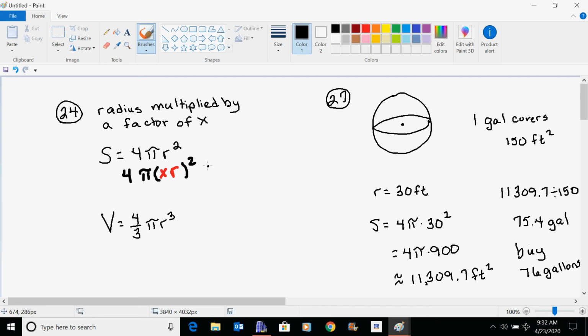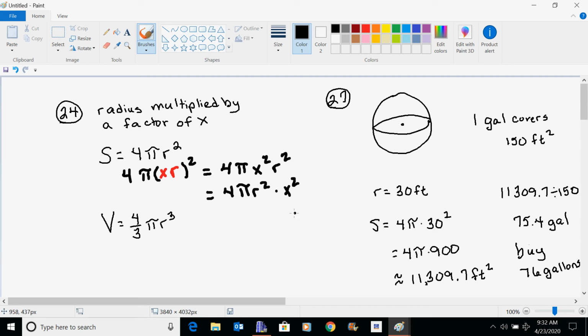So when you go ahead and do that, what you end up with is 4 pi with an x squared and an r squared, because both of those things get squared. And what that looks like now, you still have your 4 pi r squared, but it's also multiplied times the x squared.